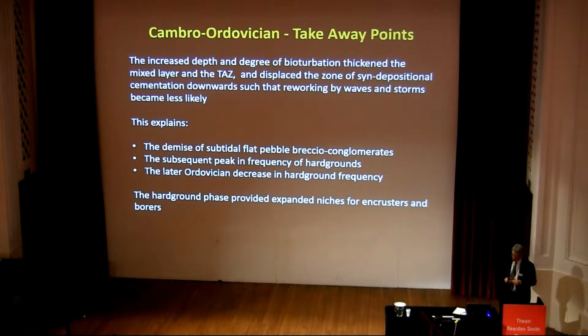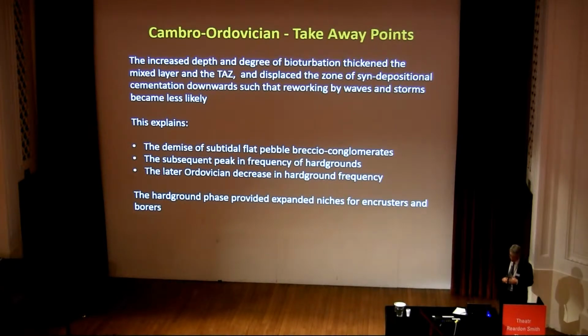The increased depth and degree of bioturbation thickened the mixed layer and the taphonomically active zone during this critical interval, and displaced the zone of syn-depositional cementation downwards, such that reworking by wave and storms became less likely. This explains three critical features of the Lower Paleozoic, we think.